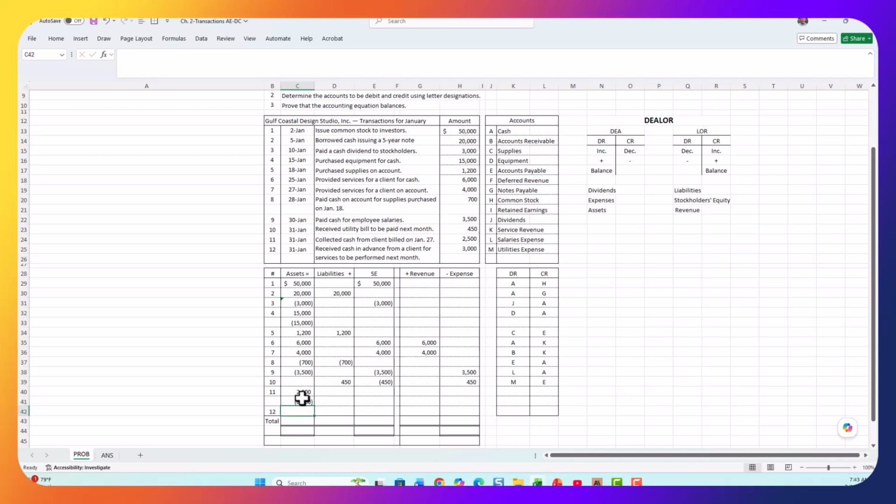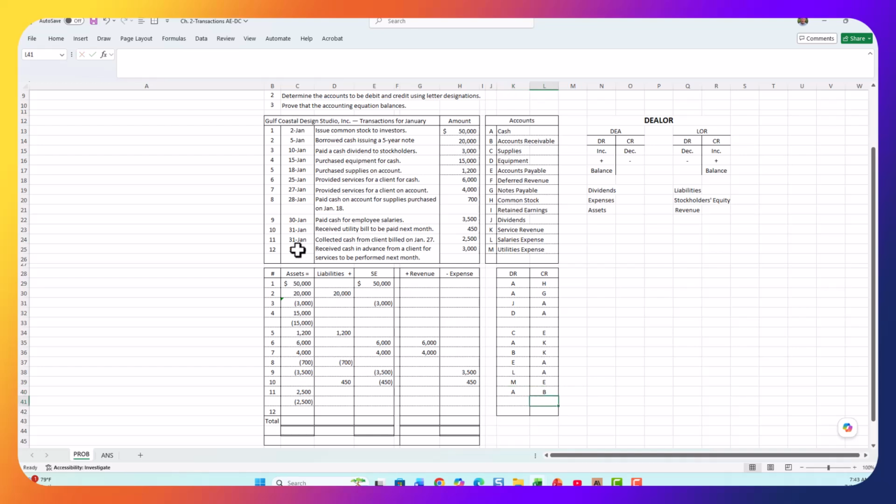Accounts receivable is an asset. So both accounts involved are assets. No new revenue here. That was already recognized on the 27th. This just converts a receivable into cash. So we will debit A, cash, and credit B, accounts receivable.